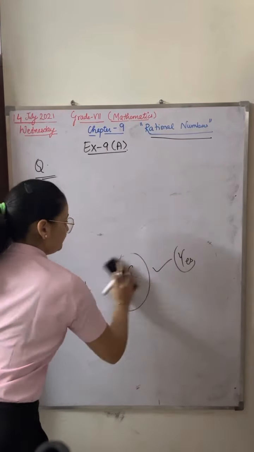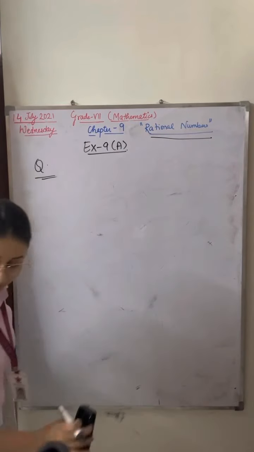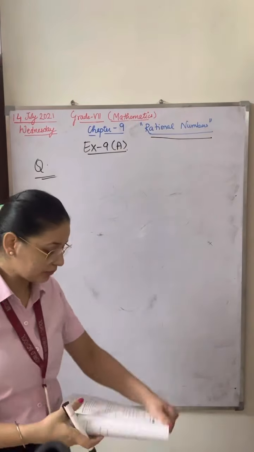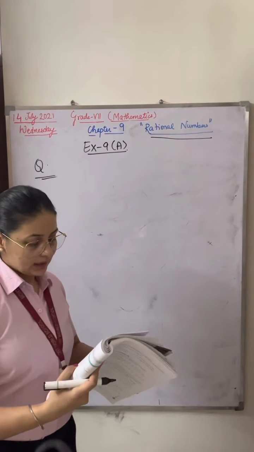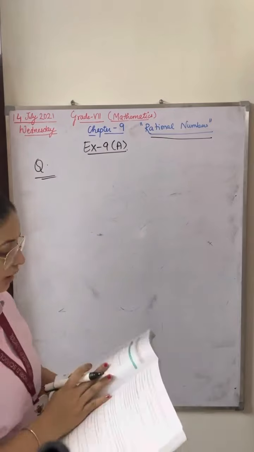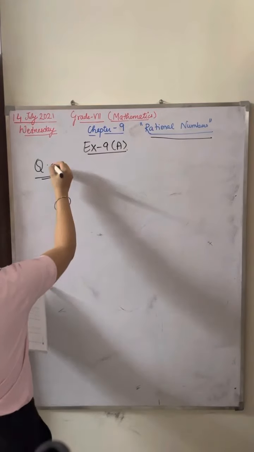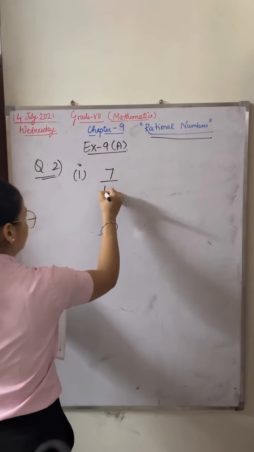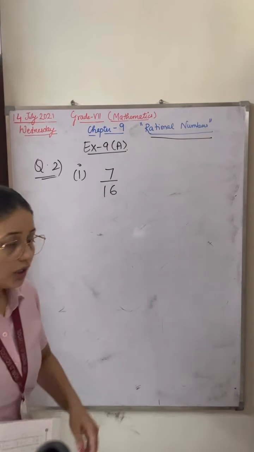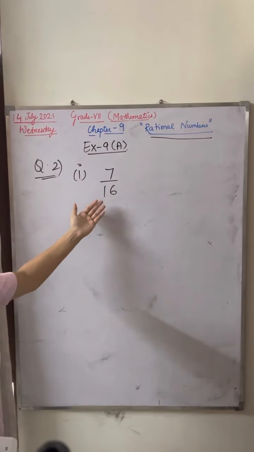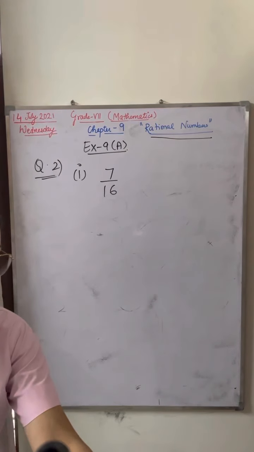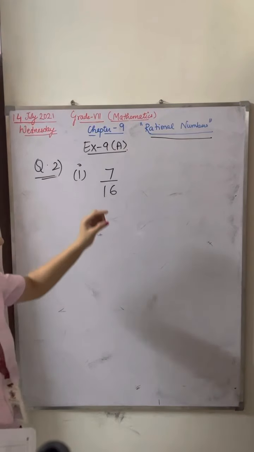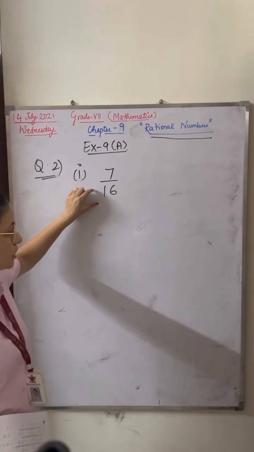Second question. Please keep your books in front of you. I'll keep on asking from the questions. Write the numerator and denominator of each of the following rational numbers. Very, very easy. Suppose first part is 7 upon 60. You just have to write down which is the numerator and which is the denominator.